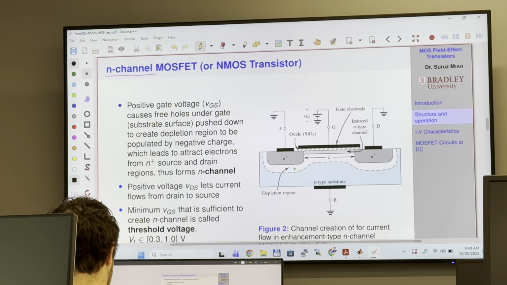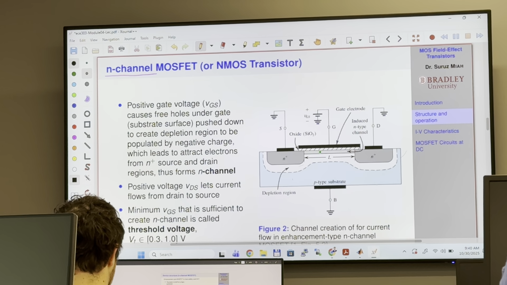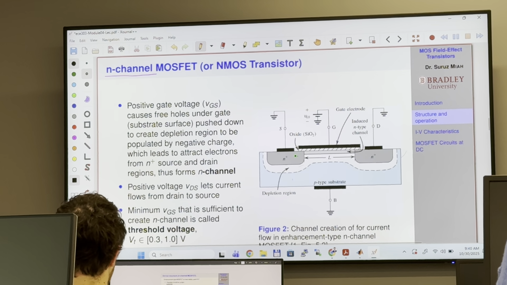Some electrons will be attracted to create this channel, so it is called an induced n-type channel. Electrons will flow in this direction.